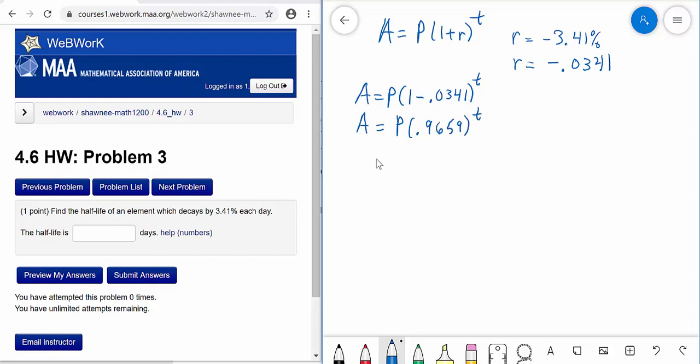So here is our exponential decay model, and we want to know how long it will take for the original amount P to decay to half as much. So we want to know when the accumulated amount A will be equal to half of P, or P over 2.